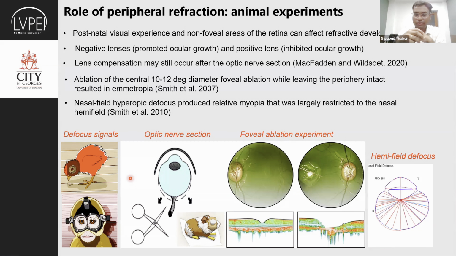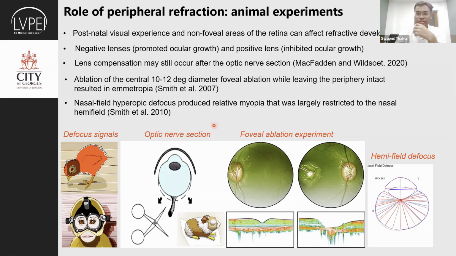The other category of animal experiment was optic nerve section. As a part of this experiment, they recruited guinea pigs and cut the optic nerve of the eye. The reason was that, given the optic nerve is cut, there is no connection to the central nervous system, so whatever defocus or growth signal is coming, it is coming from the peripheral retina.